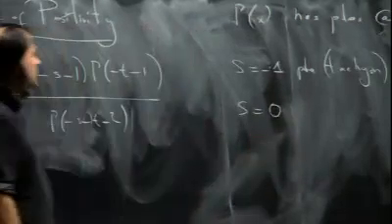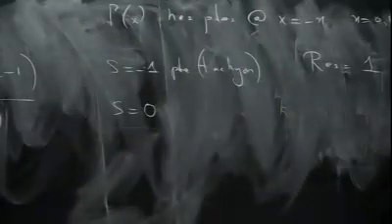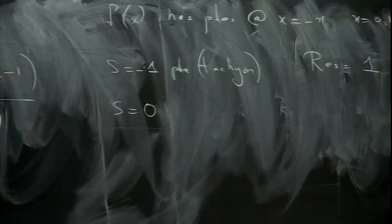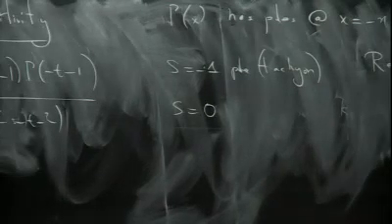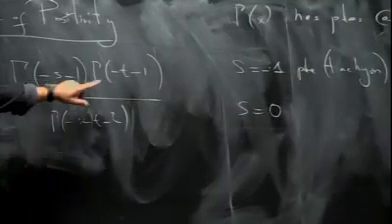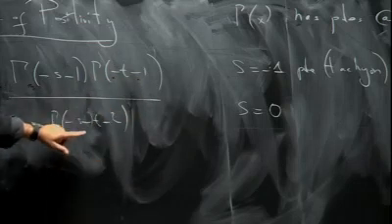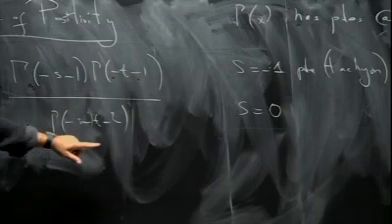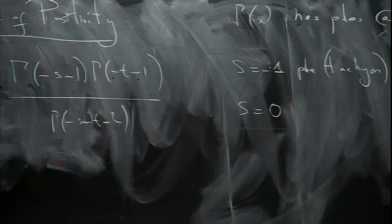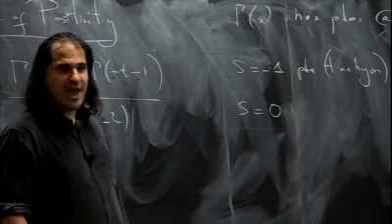There is a pole at s equals 0. And what is the residue of the pole at s equals 0? Well, we have gamma of negative t minus 1 over gamma of negative t minus 2. So what is that? It's t plus 2. Remember, x gamma of x is gamma of x plus 1.